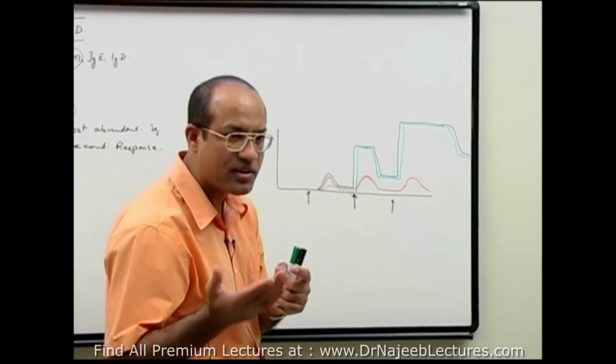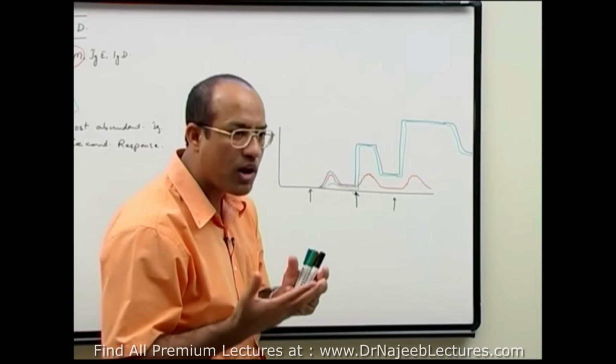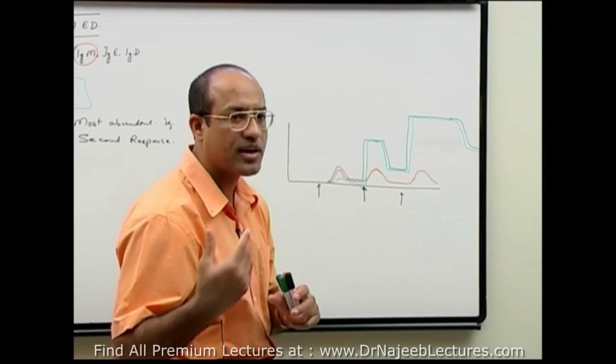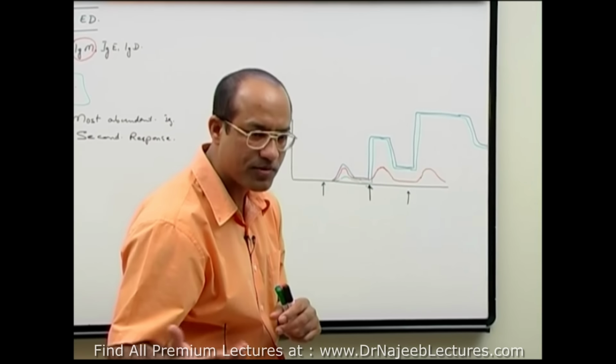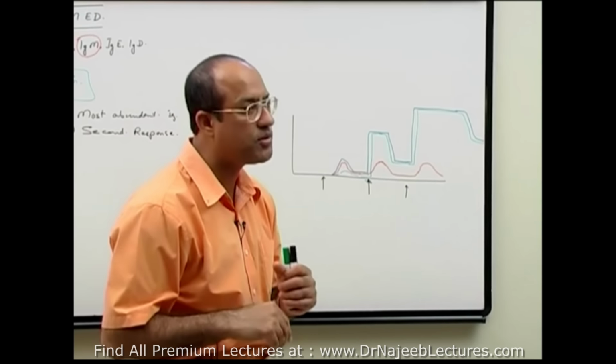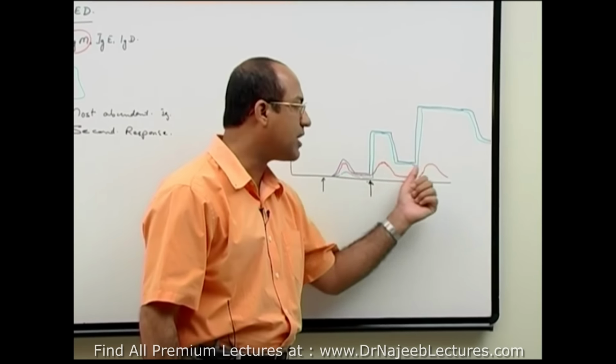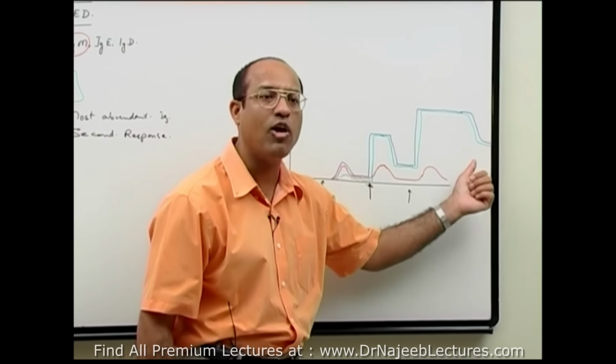So when you have repeated exposure to the antigen, you have a lot of memory B cells which are ready to produce a lot of IgG. Is that right? Another thing which is very important to remember: the half-life of IgM is short, but the half-life of IgG is long.